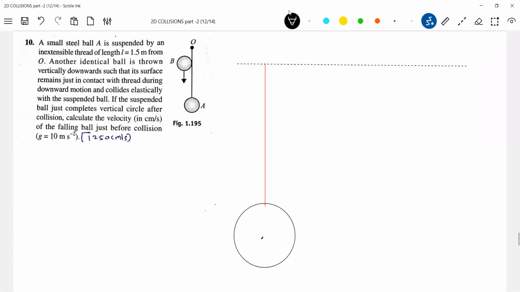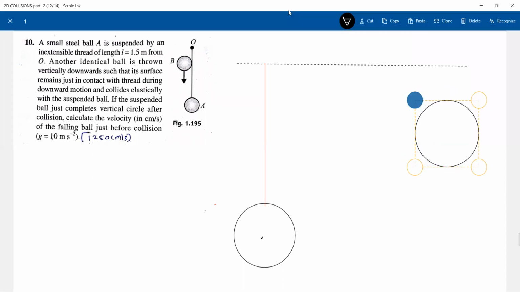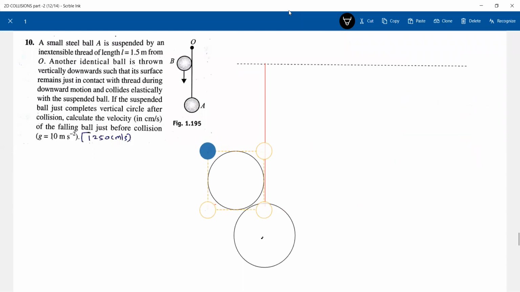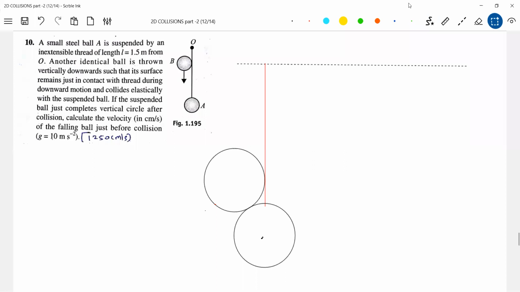This ball will come and collide. Both are identical balls. Okay, fine. This is the line of impact, no?